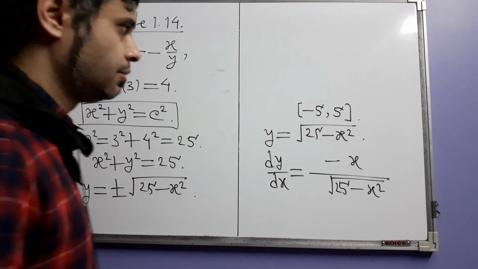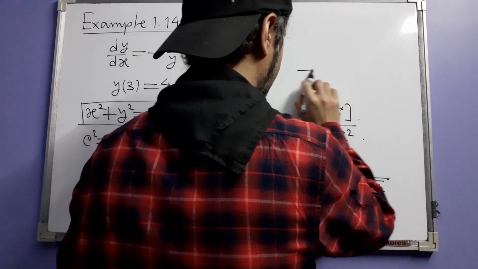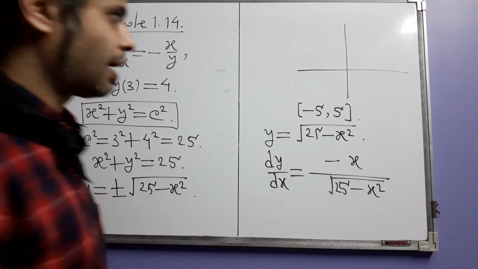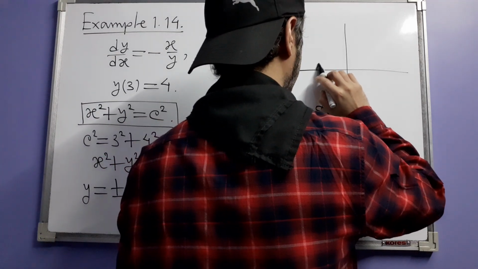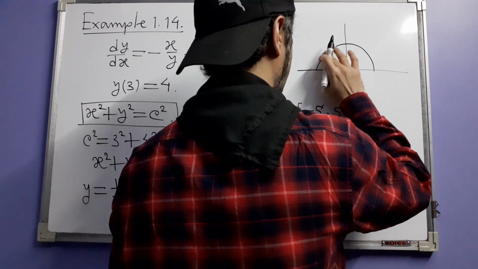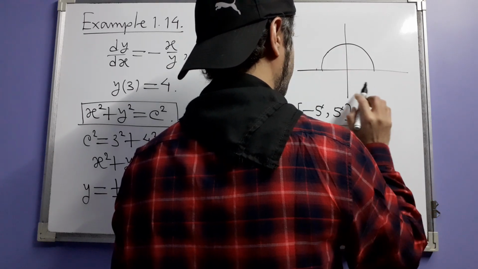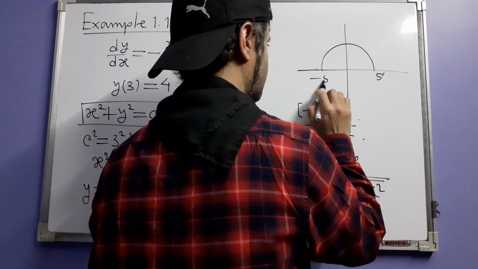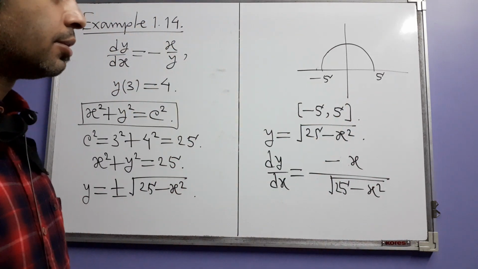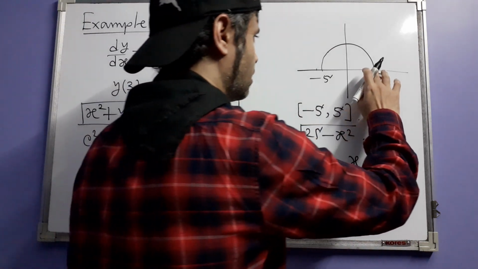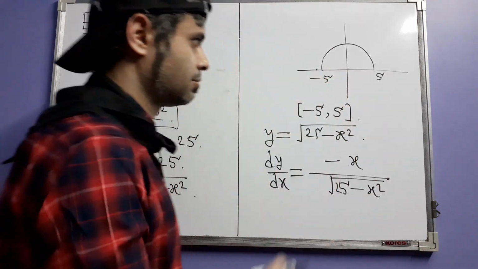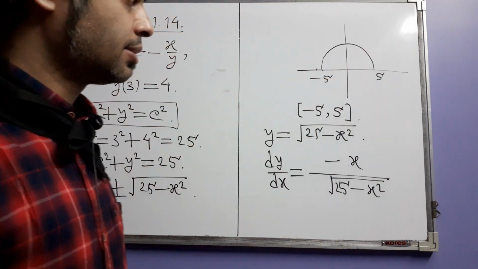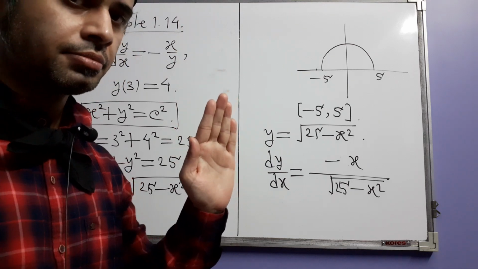Okay, you can see geometrically why that happens. This is just going to be the half circle, right? Semicircle. This is 5, on this side it's minus 5. So you know how a semicircle like this meets the x-axis vertically.